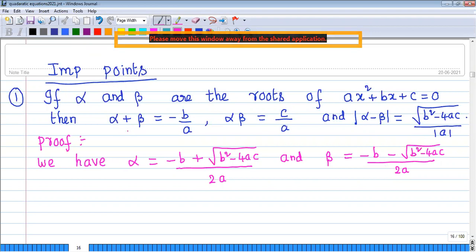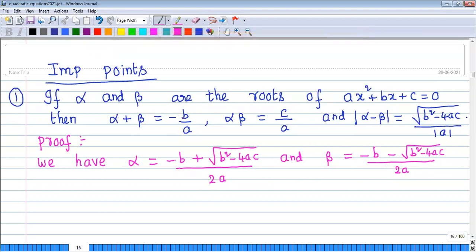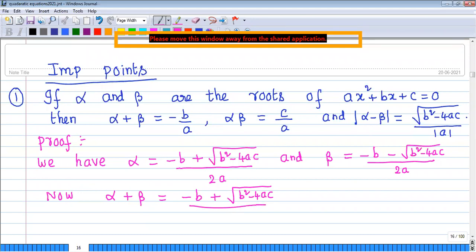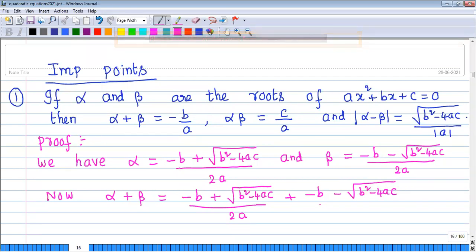First, we need to prove alpha plus beta is equal to minus b upon a. Simply add these two, and you will get minus b by a. We are going to formulate it now. Alpha plus beta is equal to minus b plus root of b square minus 4ac upon 2a, plus beta, that is, minus b minus root of b square minus 4ac upon 2a.